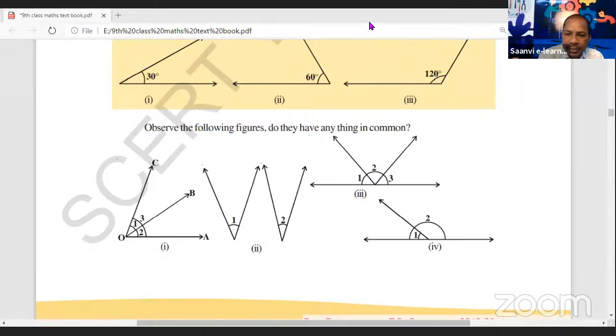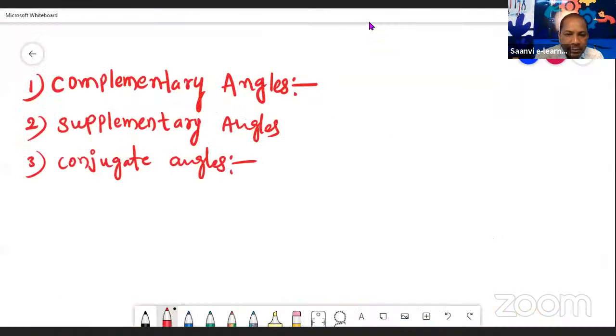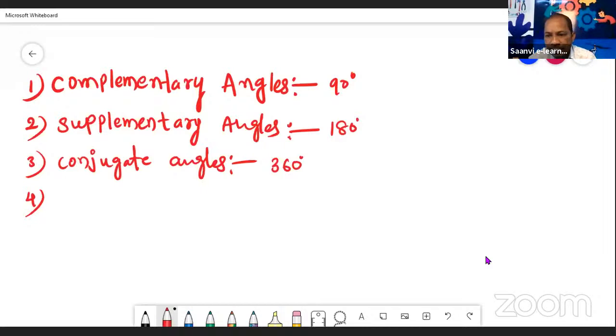The next topic is adjacent angles. See here, complementary angles means the sum of the two angles is equal to 90 degrees. Supplementary angles means the sum of the two angles is equal to 180 degrees. And conjugate angles means the sum of the angles is equal to 360 degrees.